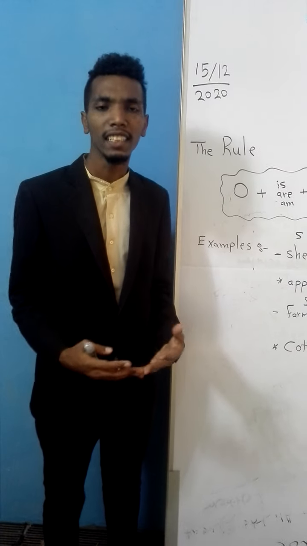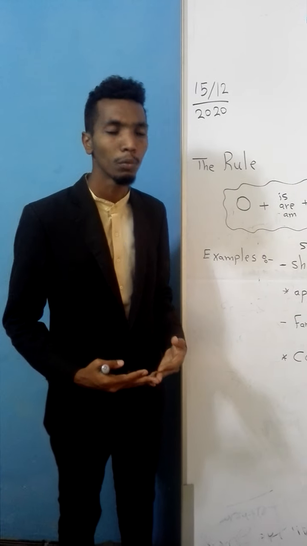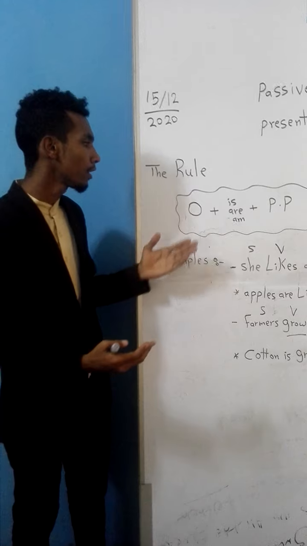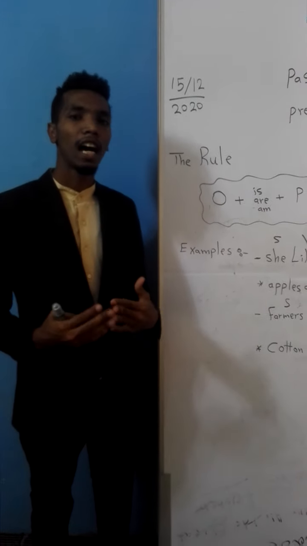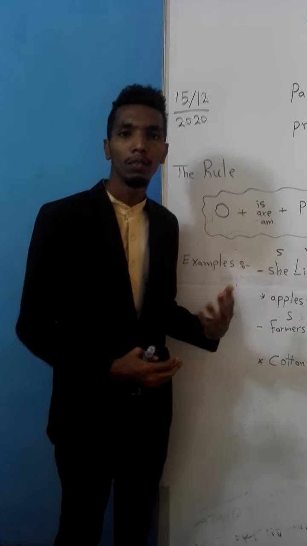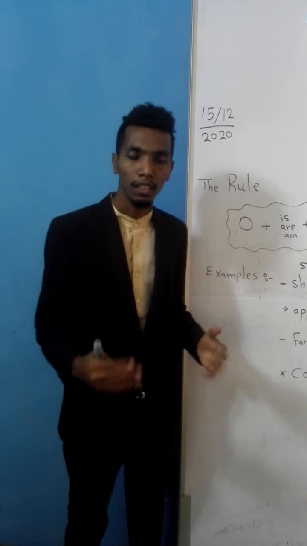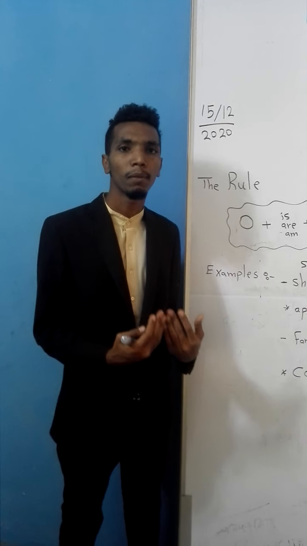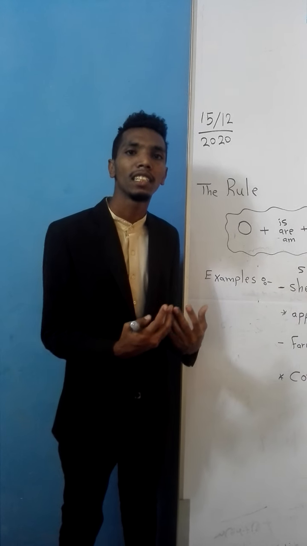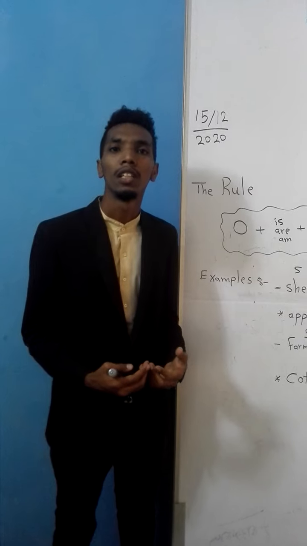And so on. Any sentence in the present simple, if you want to make it passive, you simply apply the rule. For example, I go to school every day. If I want to make it passive, I start with what? By mentioning the object, which is school.